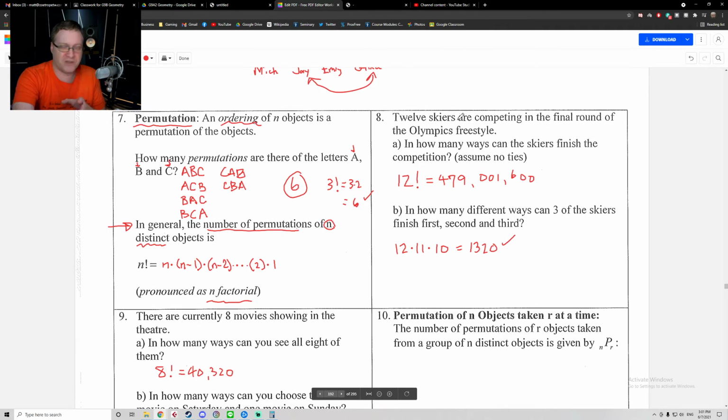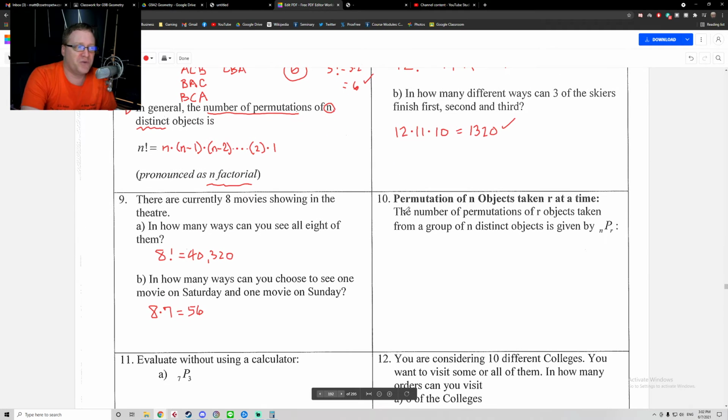They had 12 total skiers, and we wanted to take 3 of them out and put them in order. How many different ways of doing that is this? Well, that's where we get this general formula. And the way we write it is like this: little n, P, r. That's one way to write it.